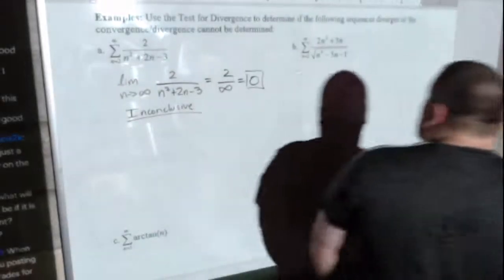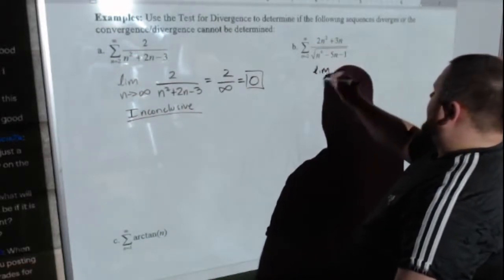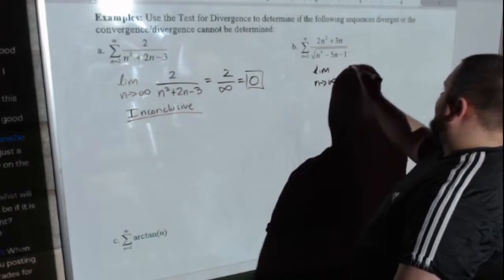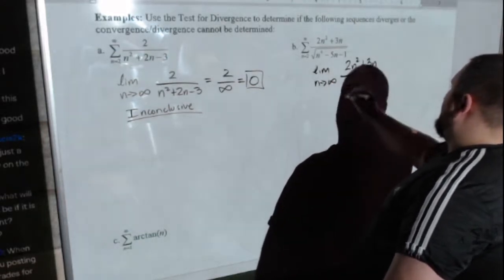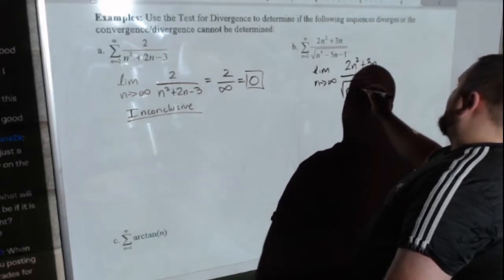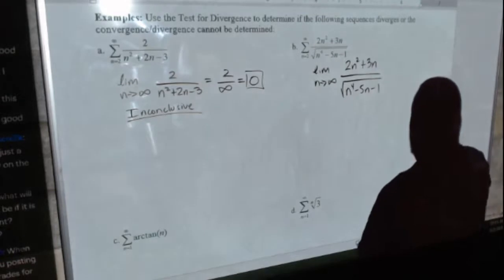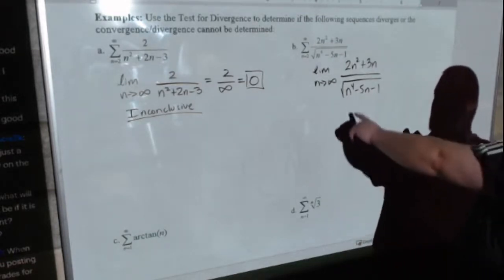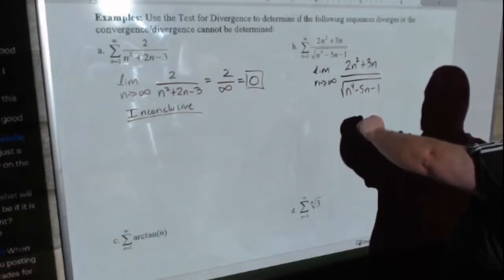All right, let's do this one. So again, I want the limit as n approaches infinity of 2n squared plus 3n all over the square root of n to the 4th minus 5n minus 1. So every term here, I want to divide by the highest power of n in the denominator.